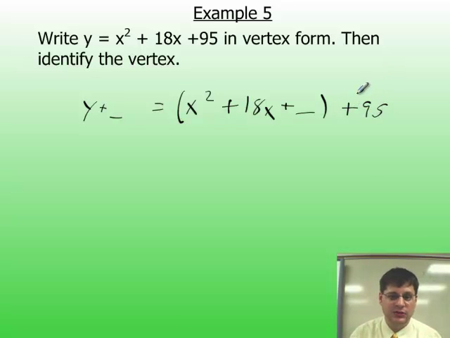This is where my k value is going to go. Recall the form of this is y equals a(x minus h) squared plus k.